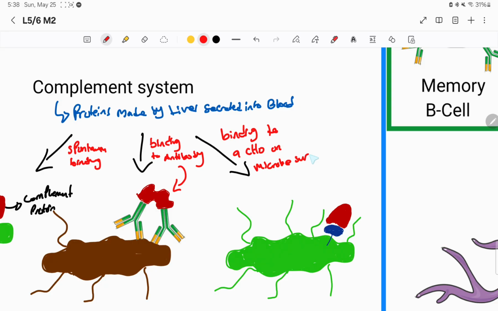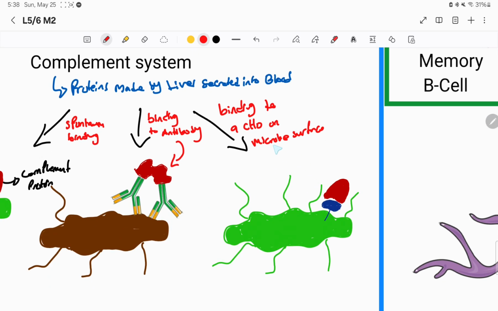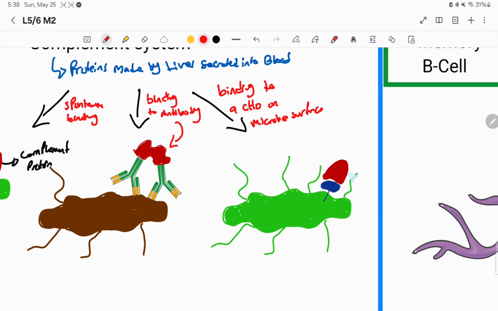So you know how our cell membranes, we have glycoproteins or glycolipids, right? And glyco is just like a carbohydrate or sugar residue. Well, it's not just us. Other organisms, microorganisms, they have sugars and carbohydrates on their surface. And what can happen is this complement protein can go and bind to certain sugars that are on the surface of these microorganisms.